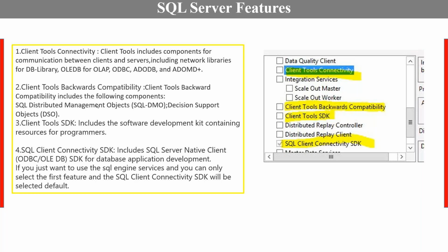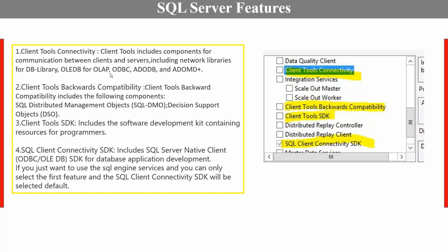Backward compatibilities, all this. See, client tool connectivity includes the components for communication between the client and server, including the network libraries for DB libraries, OLEDB, OLAP, ODBC, ADODB, nothing but .NET related stuff, ODBC connections.